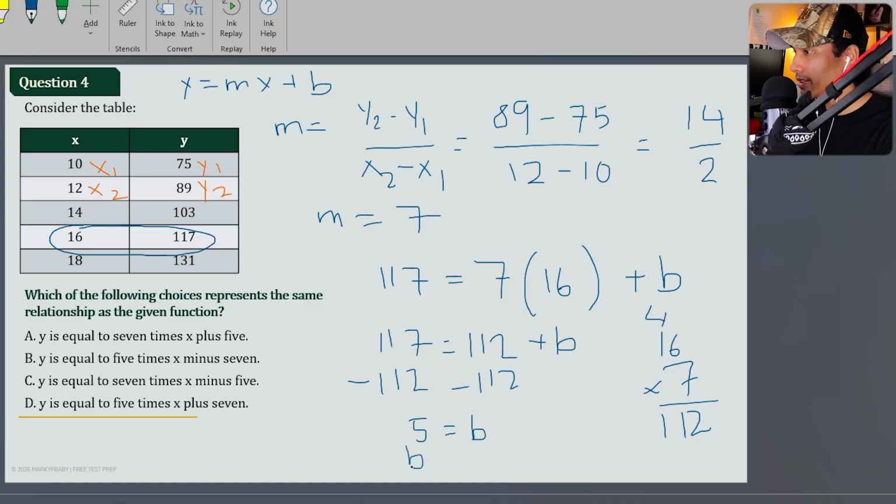And I like to write it like this, b equaling 5. So we have our y-intercept, b equaling 5, and then we have our slope, m equals 7. So our full equation, and I'm going to write this in orange, is y equals 7x plus 5.